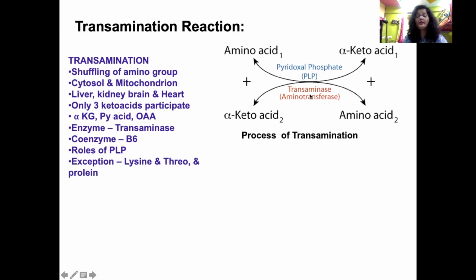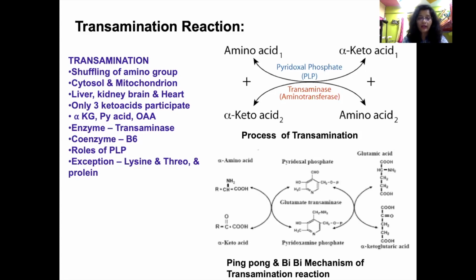Now, it's important that this transaminase needs one coenzyme, and that is pyridoxal phosphate or PLP, which is a derivative of vitamin B6. Now, let's see why this transaminase needs pyridoxal phosphate.